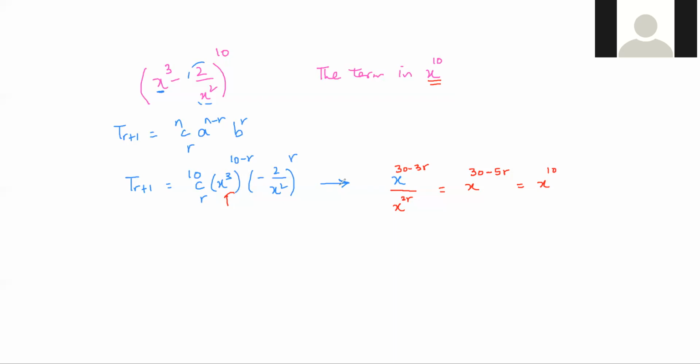Ignoring the 10CR and the minus 2, just find the power on x, which is 30 minus 5R. Now we equate these powers: 30 minus 5R is equal to 10. So 5R is equal to 20, so R is equal to 4. So we got that R.